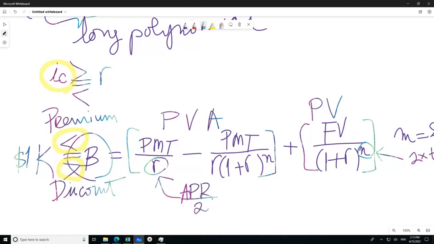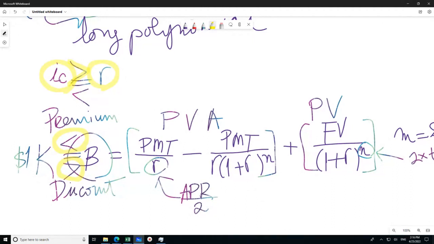So coupon rate is what the bond pays. Coupon rate is the interest rate that the bond pays. If the coupon rate is greater than the average market rate, then it becomes a premium bond, right?